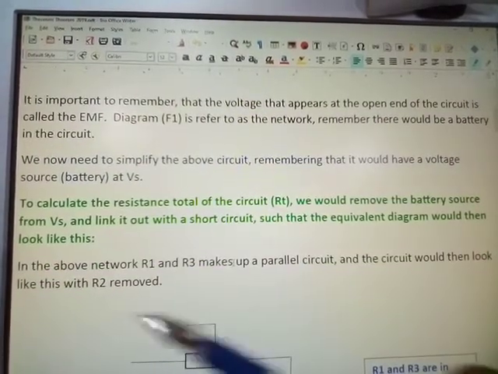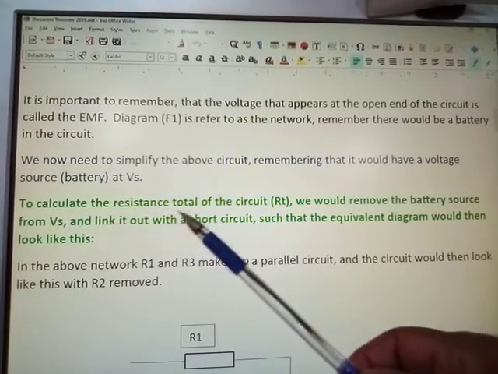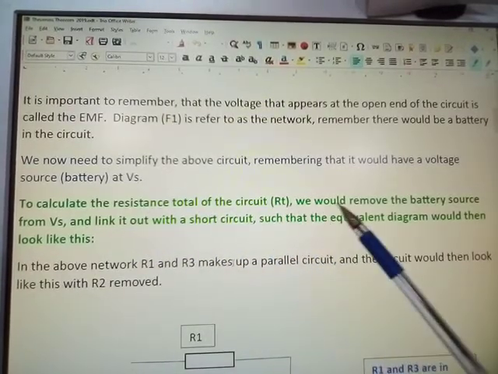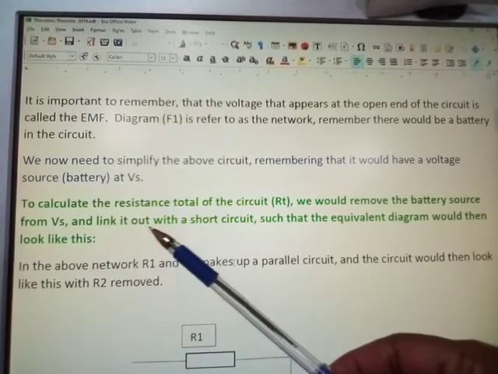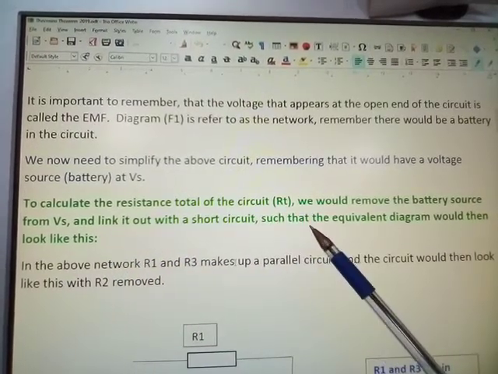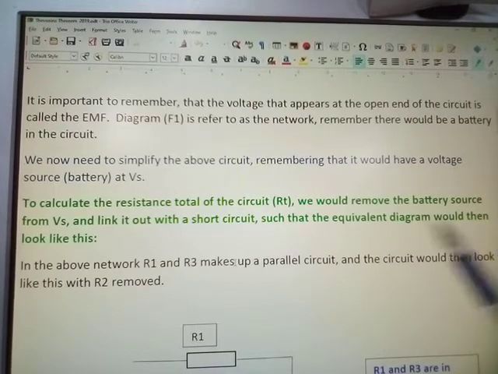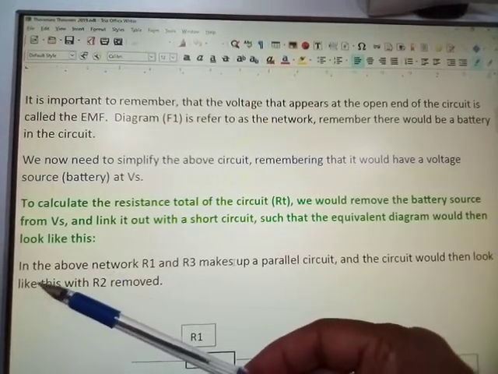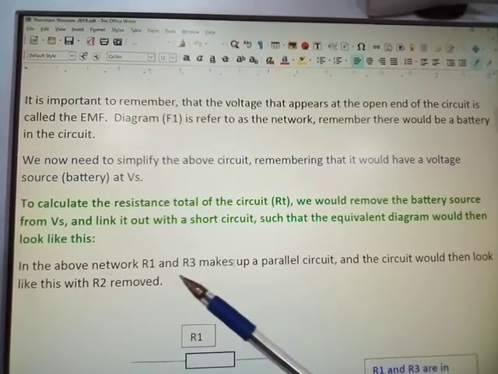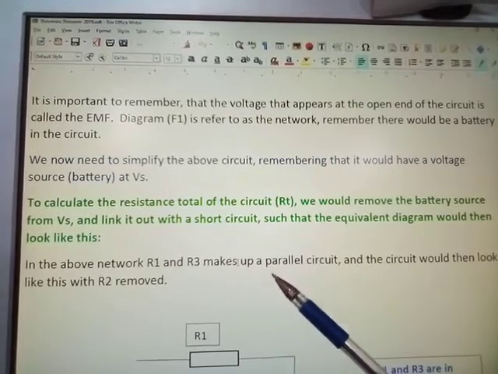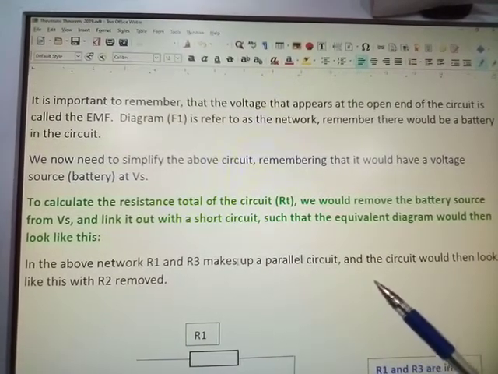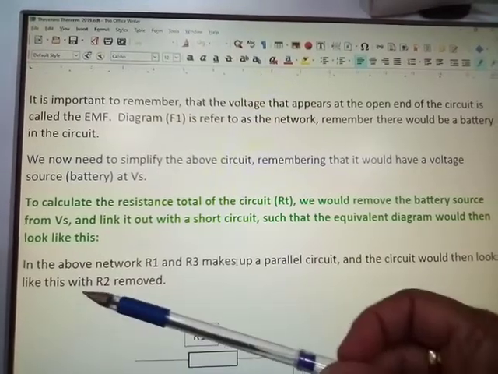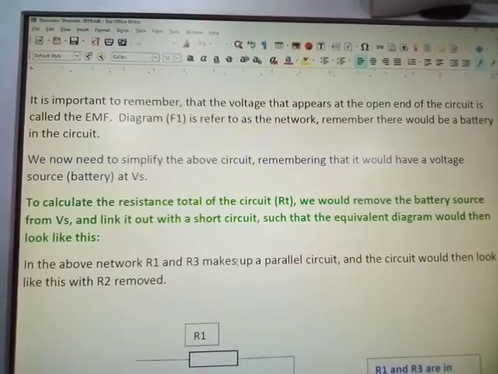Now, to calculate the total resistance of the circuit, RT, we would remove the battery source from Vs and link it out with a short circuit, such that the equivalent diagram would then look like this. In the above network, R1 and R3 make up a parallel circuit, and the circuit would then look like this with R2 removed.